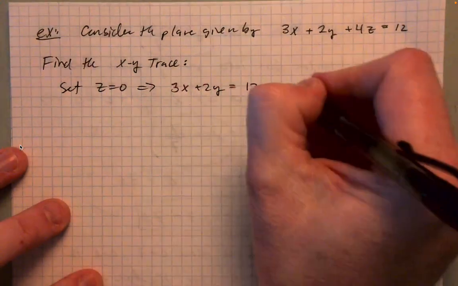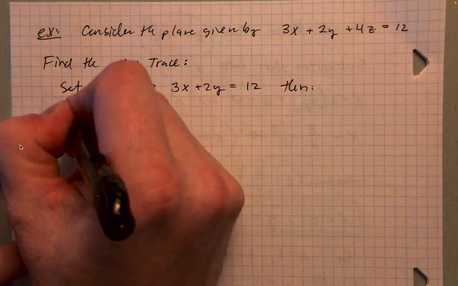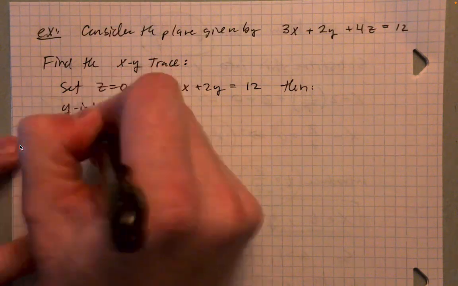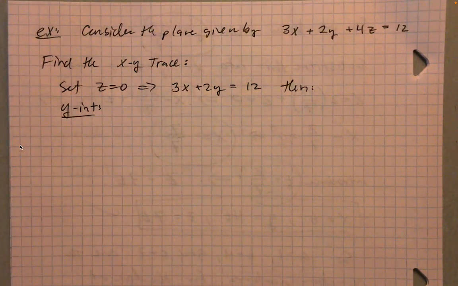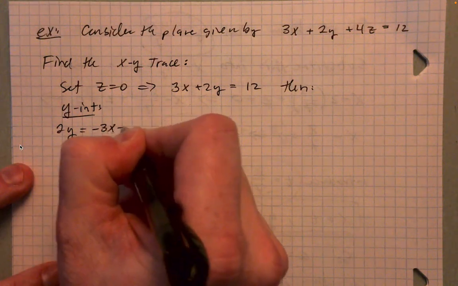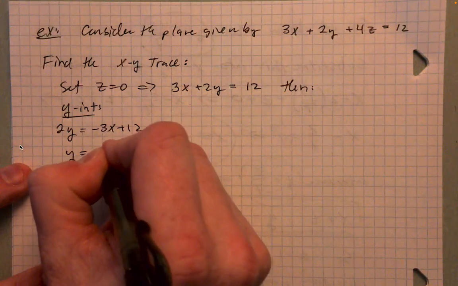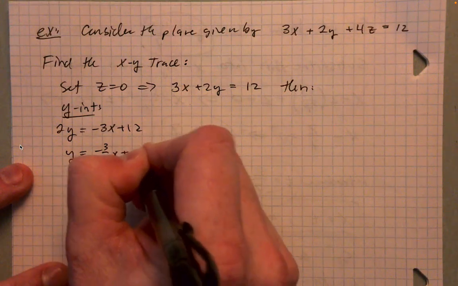Okay, so then from the xy trace, we can identify the y-intercept and the x-intercept very quickly, right? So to find the y-intercept, we would just want to solve for y. So you'd have 2y equals negative 3x plus 12, divide everything by 2, y equals negative 3 halves x plus 6.